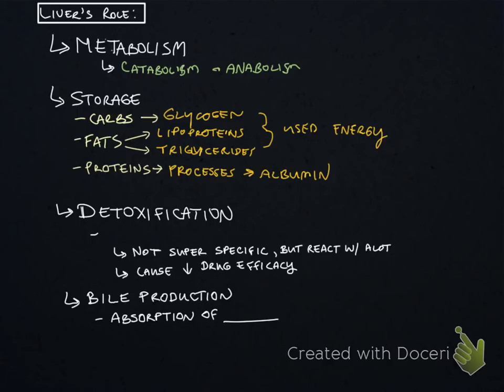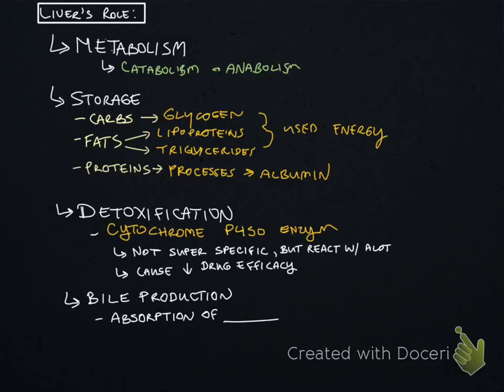The liver does metabolism and storage, but it also does detox, specifically with this enzyme called cytochrome P450. And it's an enzyme that is super non-specific, so it will react with a lot of different things.